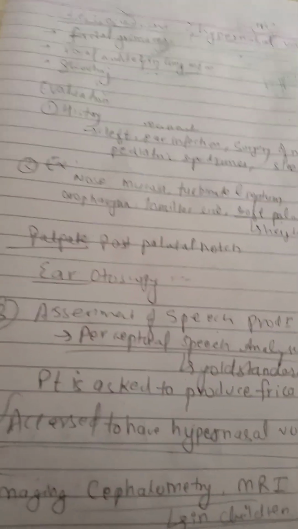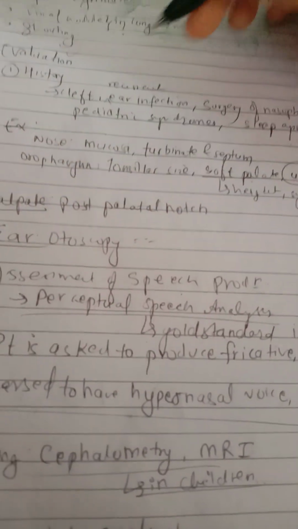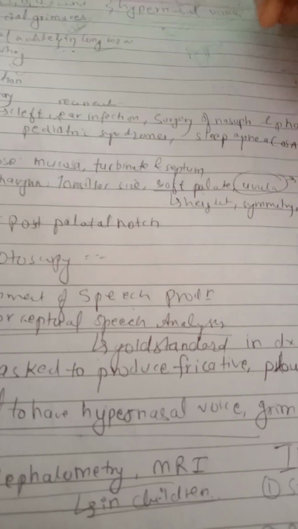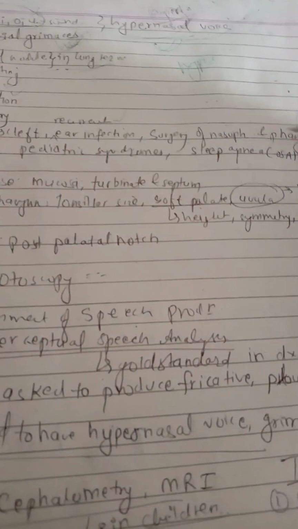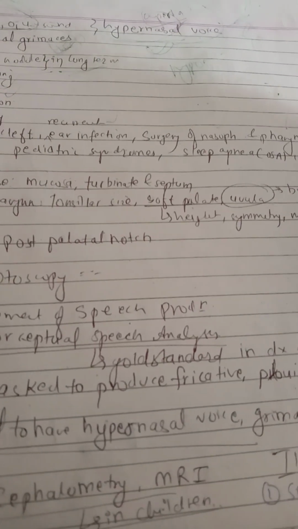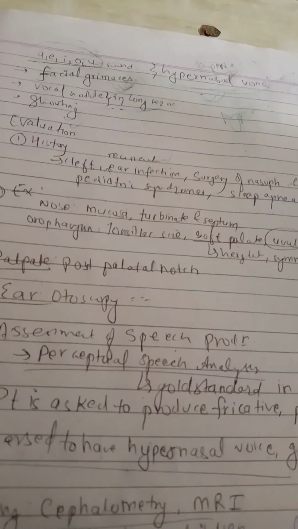For the evaluation, a proper history should be taken. The history of cleft palate, recurrent ear infection, surgery of the nasopharynx and pharynx, pediatric syndromes, sleep apnea, OSA, or any other neurological diseases should be taken thoroughly. The second one is examination.